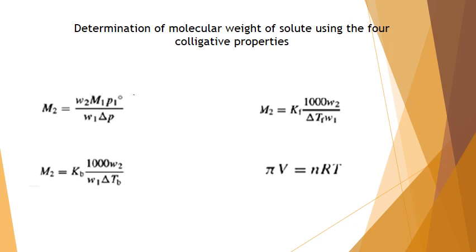So imagine if we have a solution of non-electrolyte and we can measure the different colligative properties and some simple information about the solution, it is possible to identify what kind of solute we have by the calculation of the molecular weight.